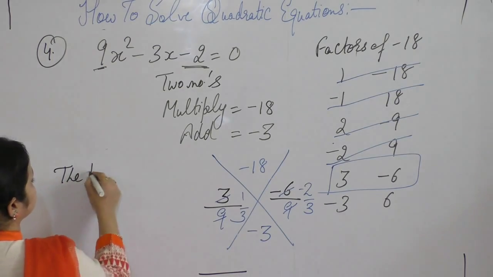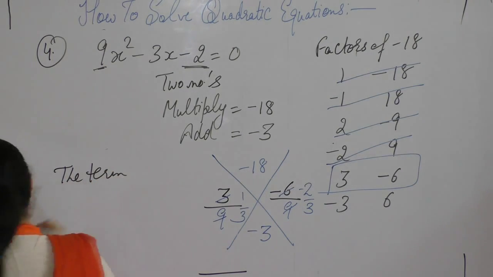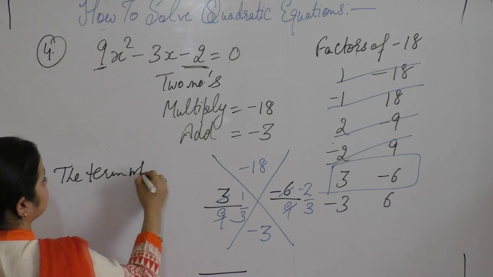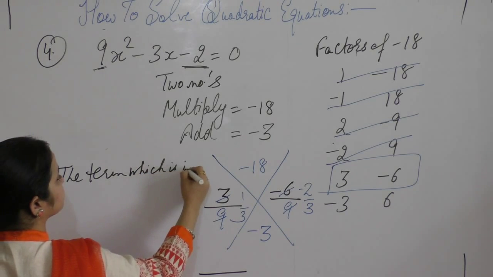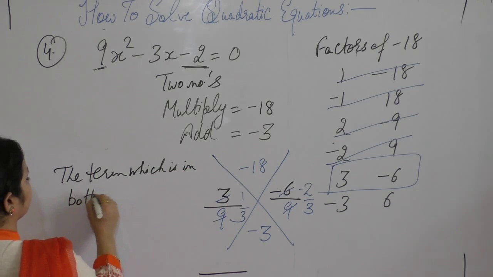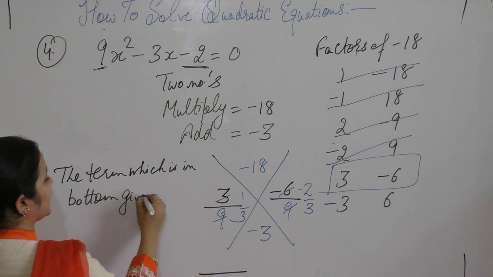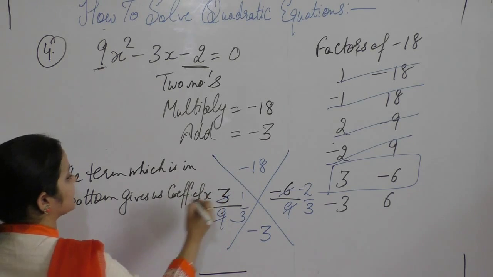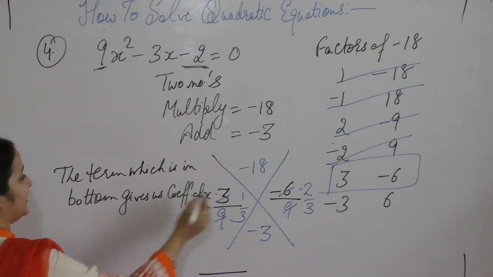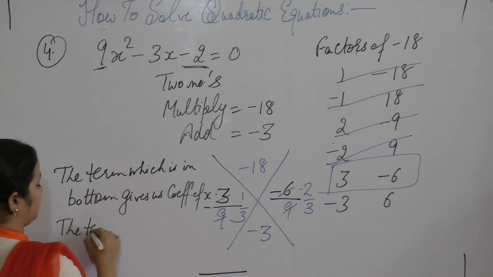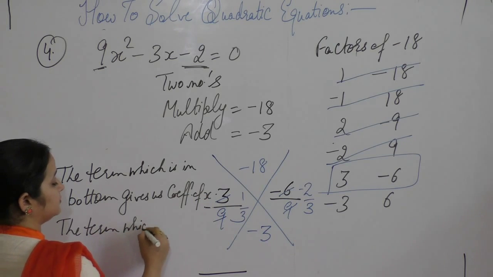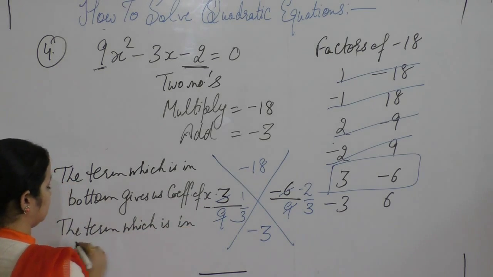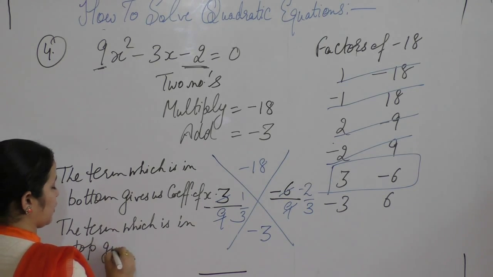Now the term which is in the bottom gives us the coefficient of x, and the term which is on top gives us the constant term.